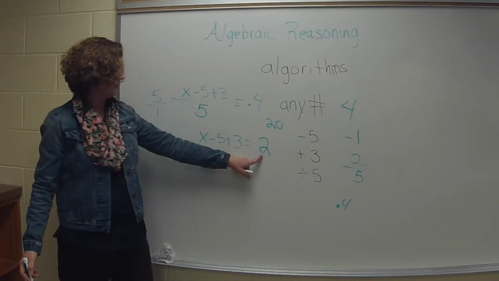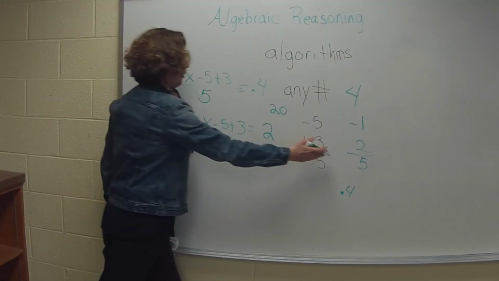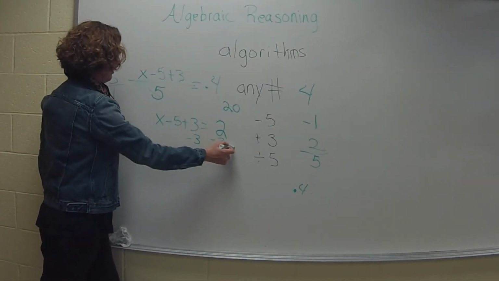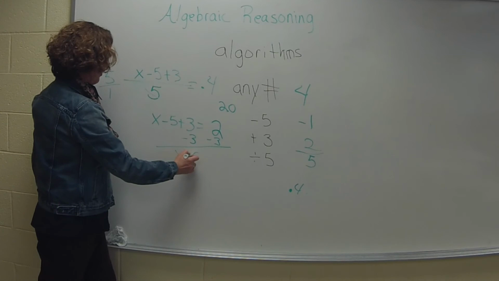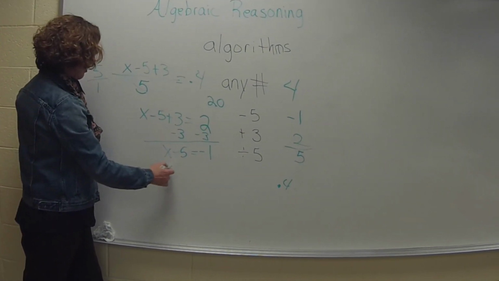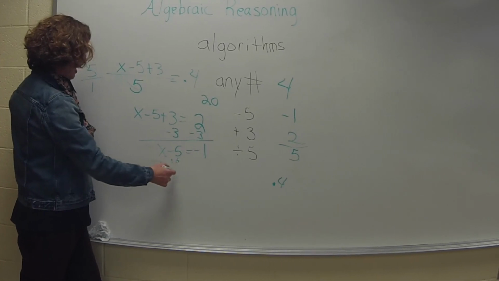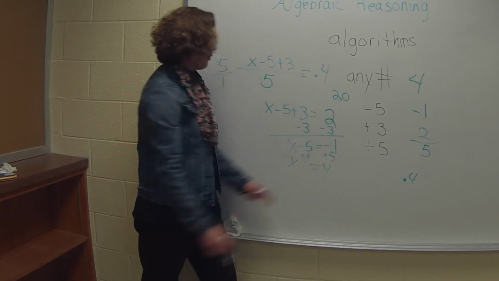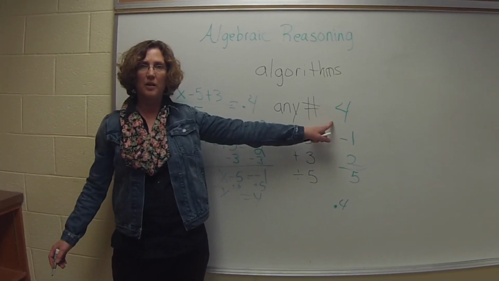Then, going backwards, we subtract the 3, and we'll get x minus 5 equals negative 1. x going backwards equals 4. And we end up back at our any number.